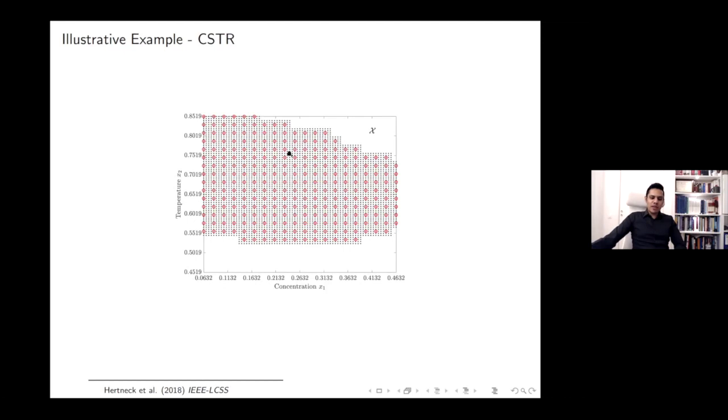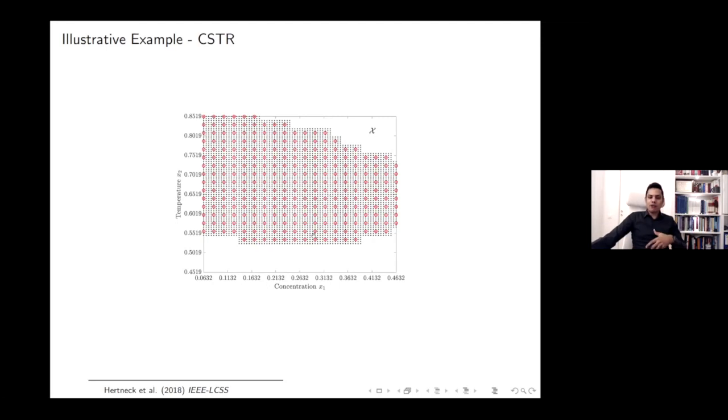But instead of solving the optimization problem at each and every single data point in order to generate this training data set, what I can do is sample the state space more sparsely and solve the optimization problem for the data points that are only marked by these red circles, right? And once I have the solution for these red circles, I can then use parametric sensitivity in order to get what will be the optimal solution for the points that are in the neighborhood of this red sample.